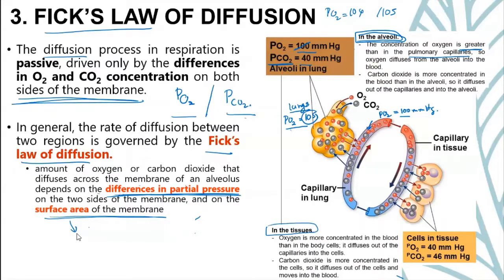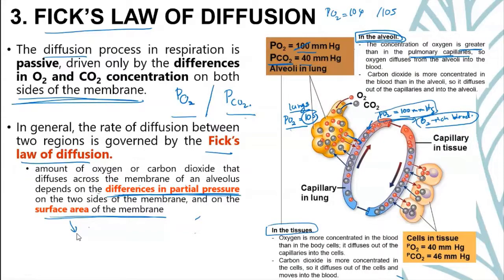So oxygen from the alveolus diffuses into the blood capillaries, to be specific, the pulmonary capillaries is what it's called. This will cause the blood to become oxygen rich blood.